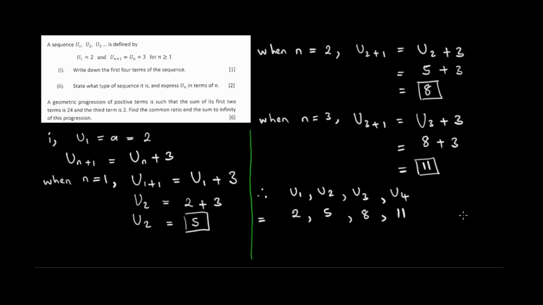But before we go further, can you see that this sequence is actually going to be an arithmetic progression? And the common difference is going to be 3.